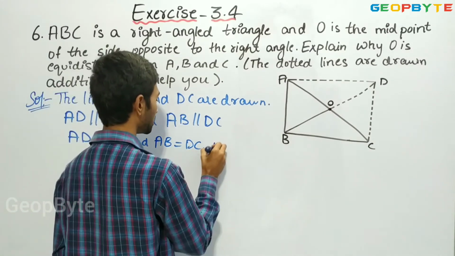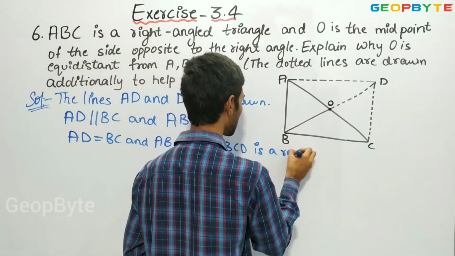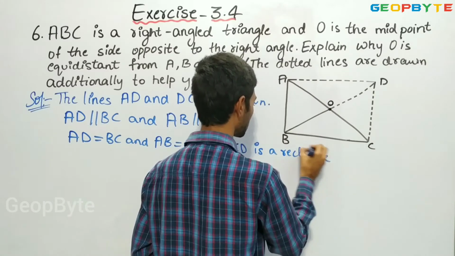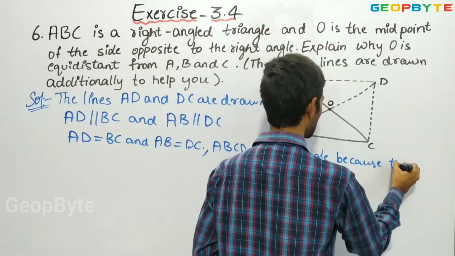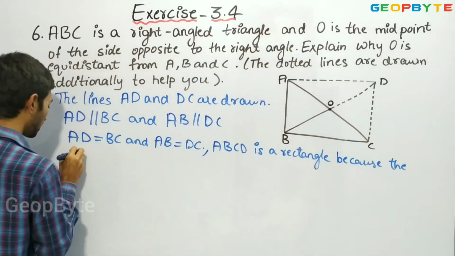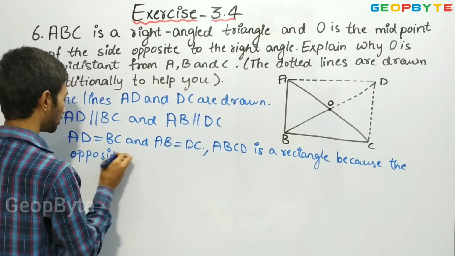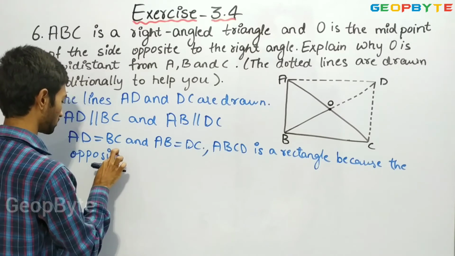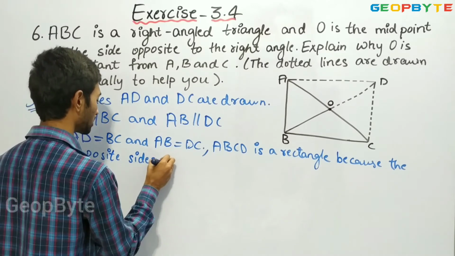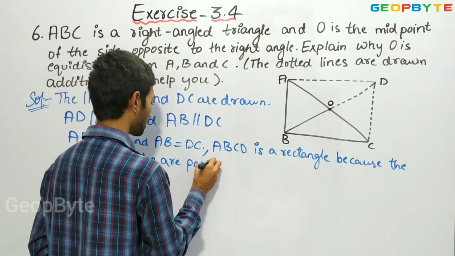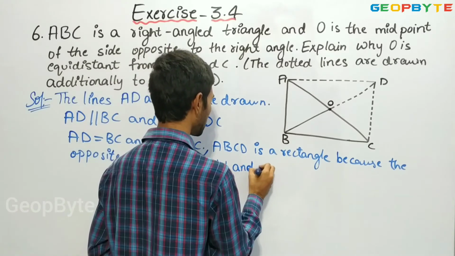So therefore ABCD is a rectangle because the opposite sides are parallel and equal.